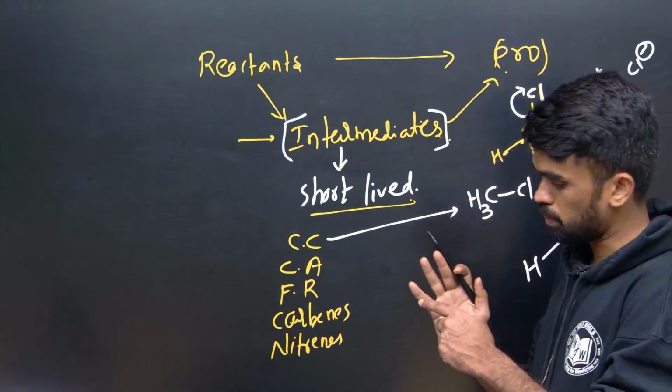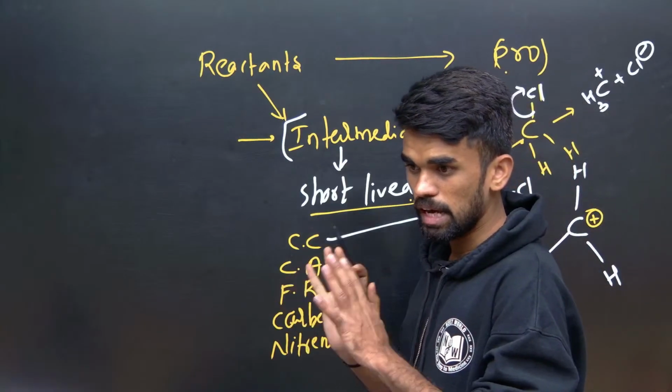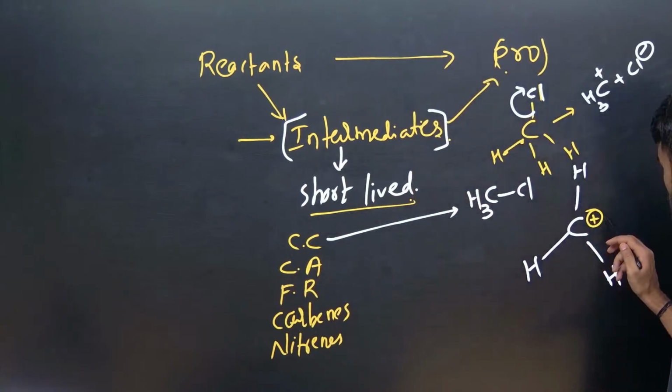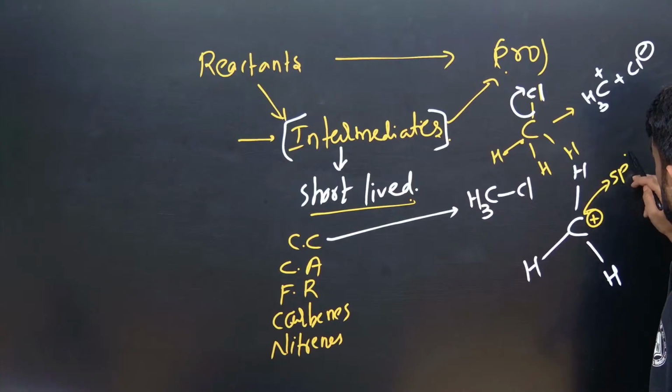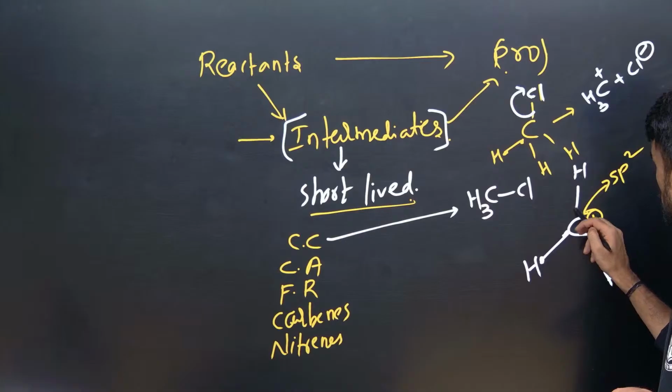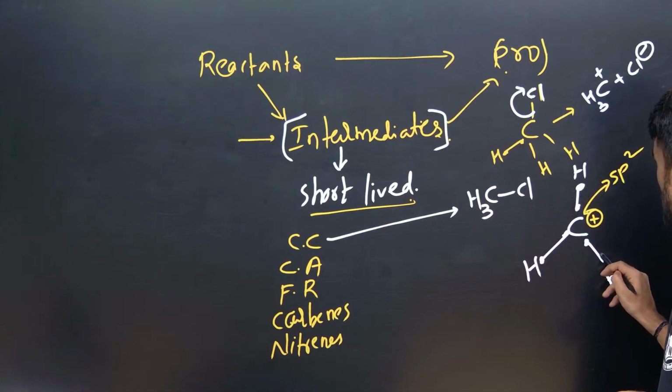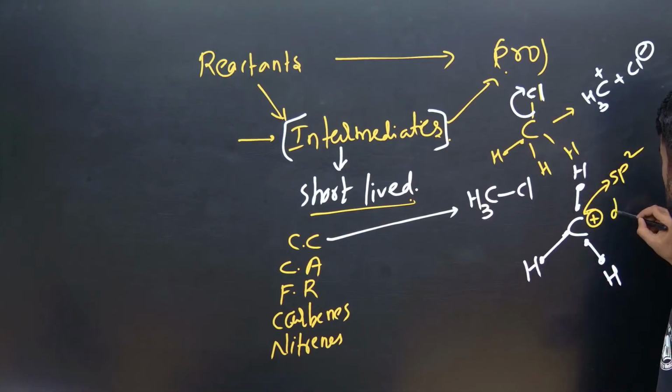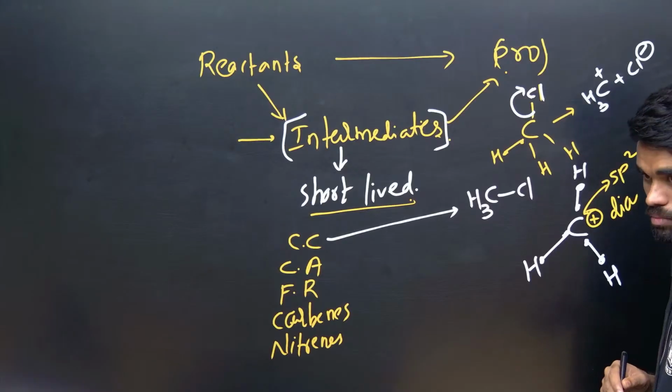So s, p1, p2. It means sp2 hybridization. What is the hybridization here? sp2. Now is there any unpaired electron here? No unpaired electrons, all are paired up. So we can say carbocations are diamagnetic. Clear up to here?